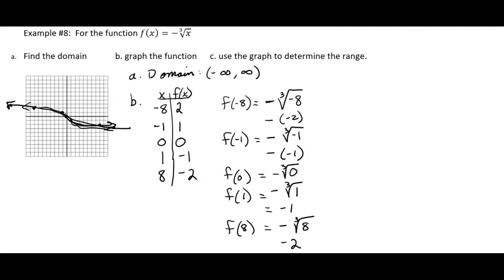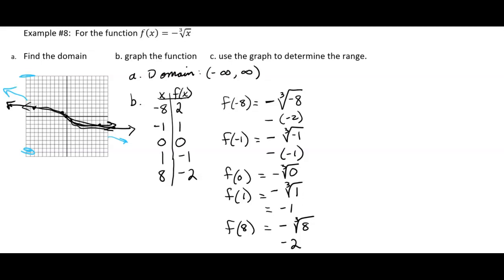And so the actual range from the bottom to the top is all real numbers because it keeps going. I mean, you have to get really big numbers, or really small numbers, but it's going to keep going in that direction, getting bigger going this way and getting smaller going this way. Kind of hard to see.